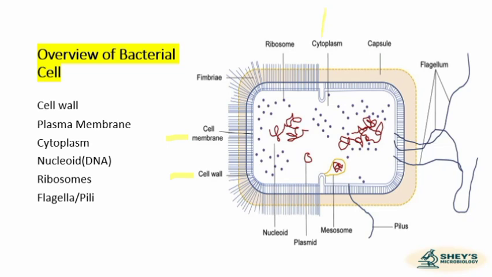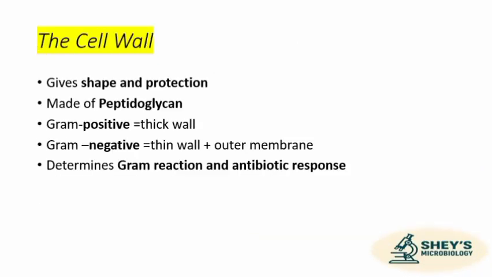The nucleoid, that's where the DNA lives. The ribosomes, little protein factories, and finally some extra parts like flagella, pili, and capsules. These are like accessories that help bacteria move, stick, or hide. Each one plays a role. And once you get this, you understand how bacteria survive and cause disease. So let's start with the cell wall.